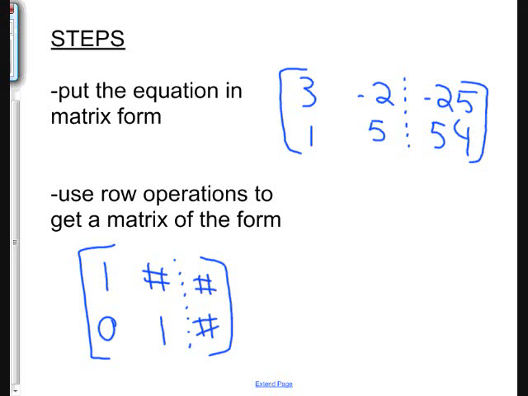Because that's what we need to do to solve. It'll have something equals a number, so this will just be our y. For three equations, it would be 0, 1, then 0, 0, 1.